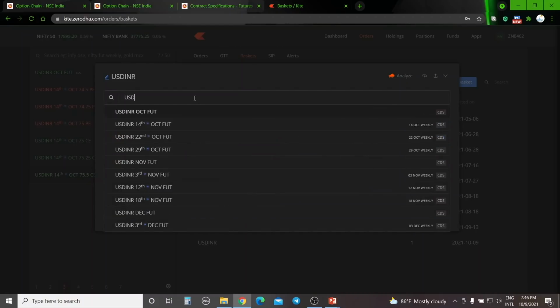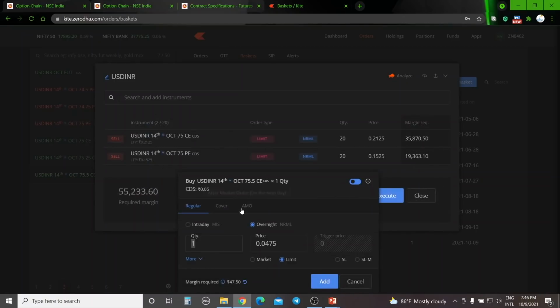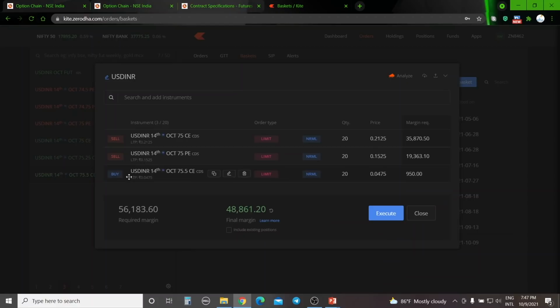So let us see USD INR weekly CE 75.5. We buy this, same 20 quantity. You can see it is trading at about 3 by 4 paisa. Add this one.